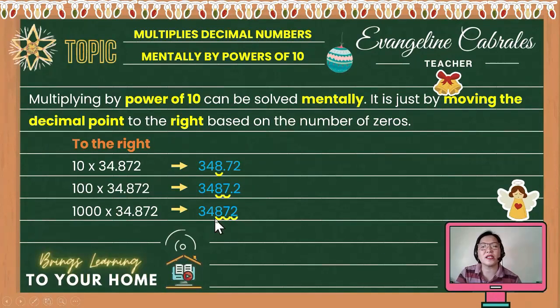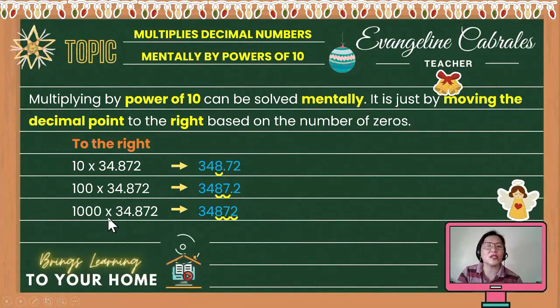That's why the answer is 34,872. So, kung babasahin, 10 times 34 and 872 thousandths equals 348 and 72 hundredths. 100 times 34 and 872 thousandths equals 3,487 and 2 tenths.